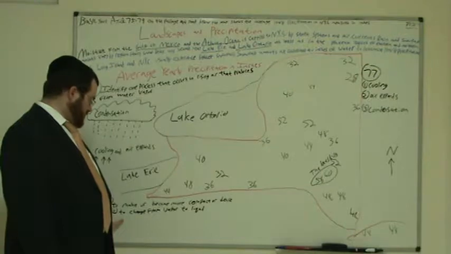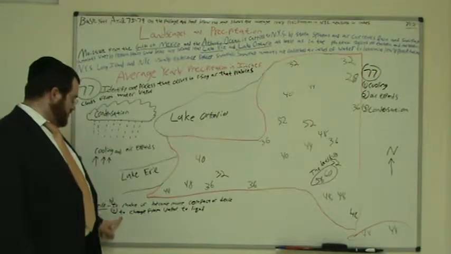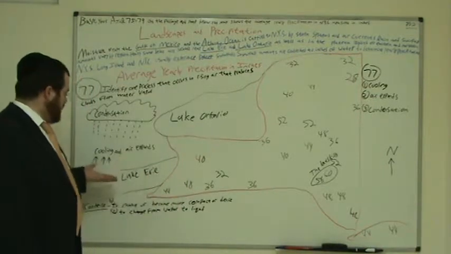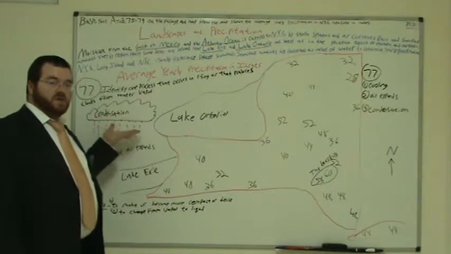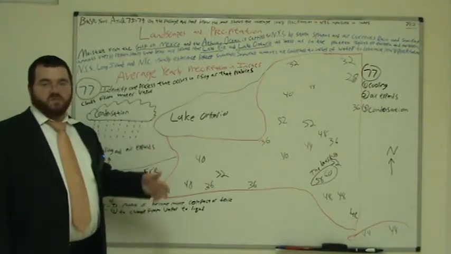So if you know what condensing is, we know that to condense is to change from vapor to liquid. The air is going up, and as it gets cool, it starts to condense, and when it condenses, the vapor becomes liquid.